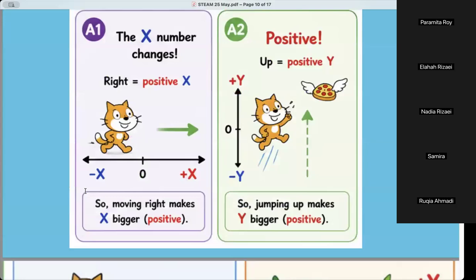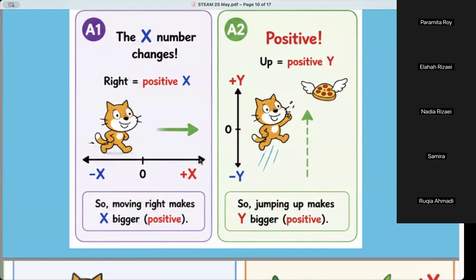Again, let's look at this. The x number changes. Of course it changes. When the sprite is running, here it was minus x. It's running towards plus x. See? From minus x, the sprite position changes to plus x. Because this horizontal line, what do we call it?